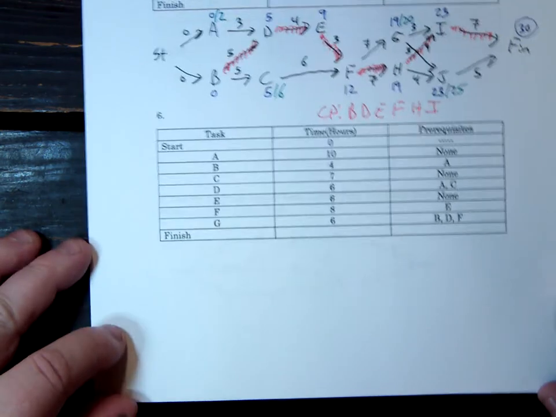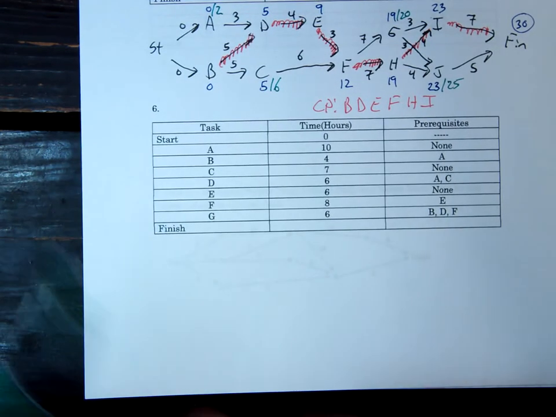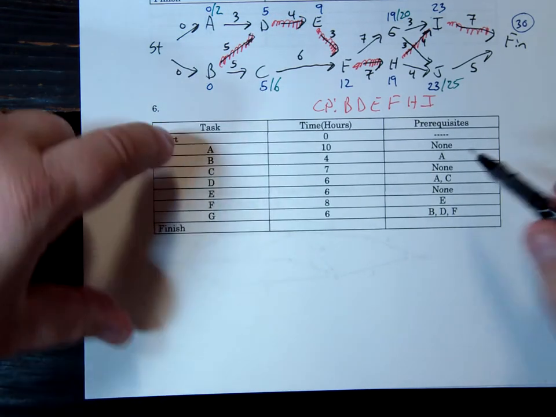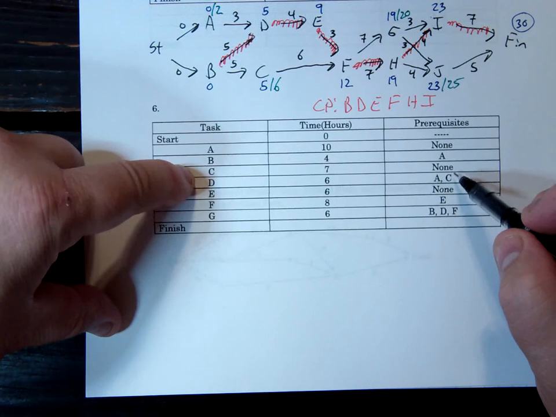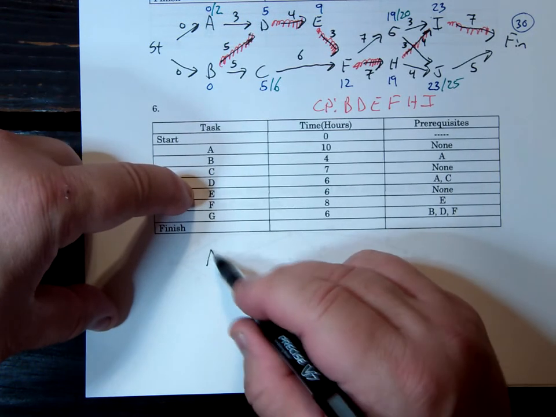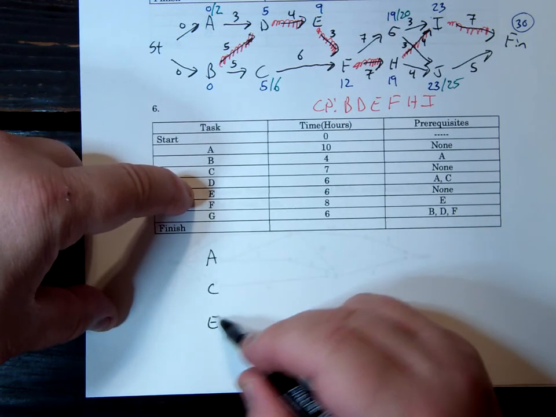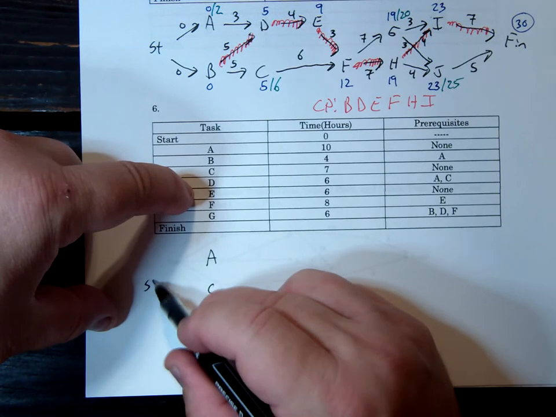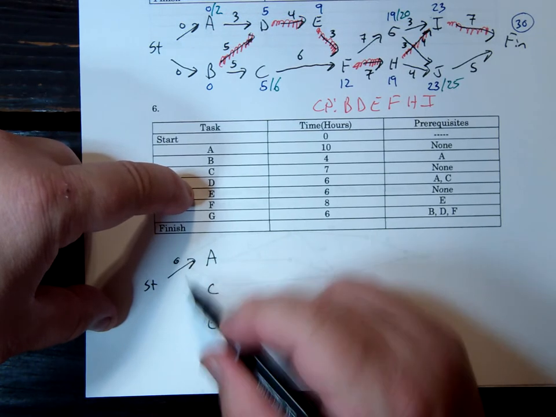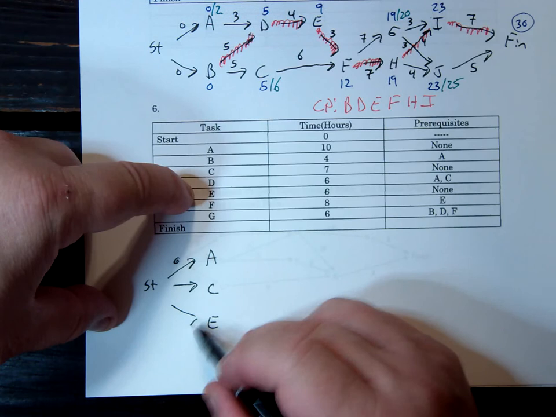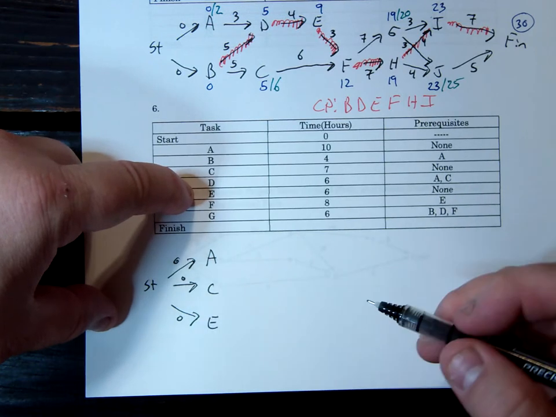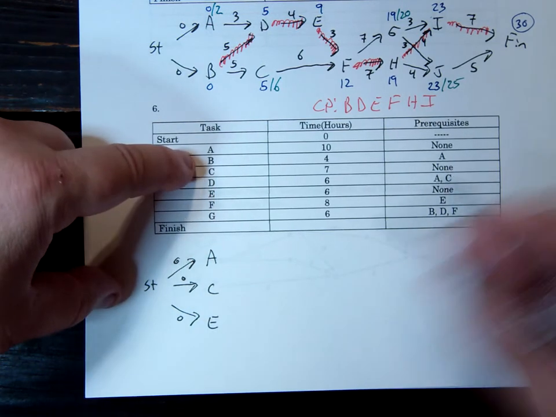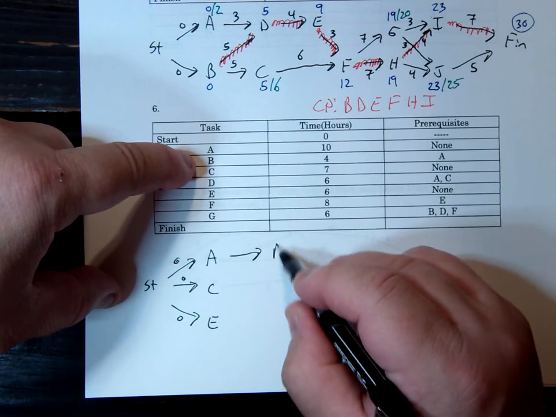Alright, so one more drawing. This one, A, C, E, all can start with 0 amount of time. B requires A. A took 10.